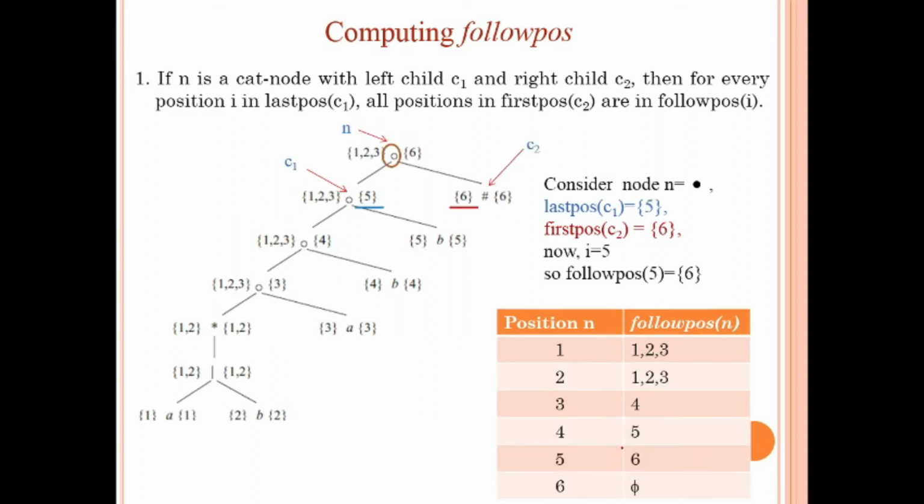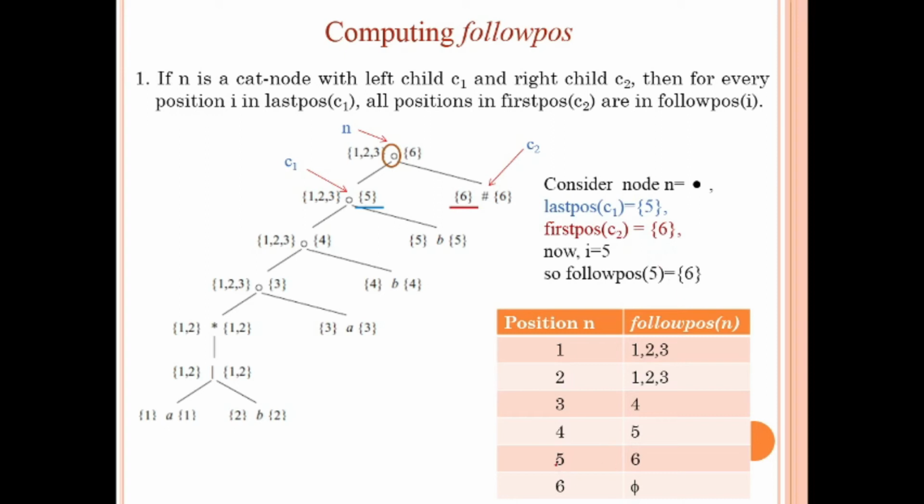Let's go ahead. Finally, the root node. Again we can see it is a concatenation node, so we need to calculate the last position of the first child. So the last position of C1 is equal to 5, and the first position of the second child, that is the hash symbol, is equal to 6. Now here again we take I from the last position, I is equal to 5, so follow position of 5 is equal to the first position of C2, so it is 6 in our case.